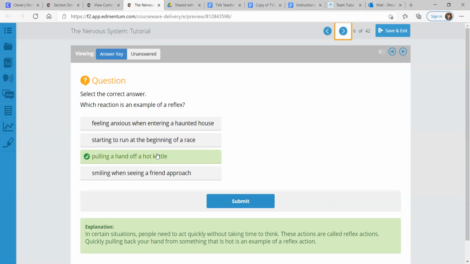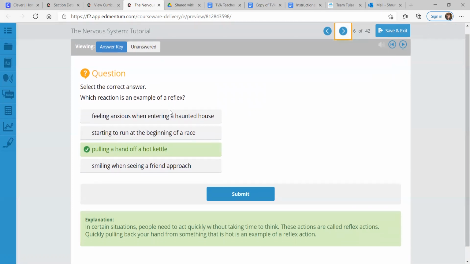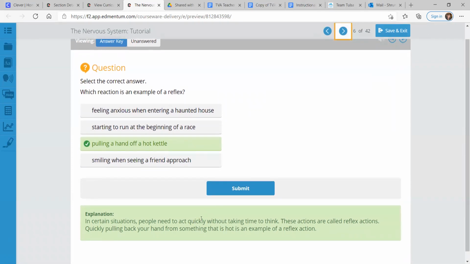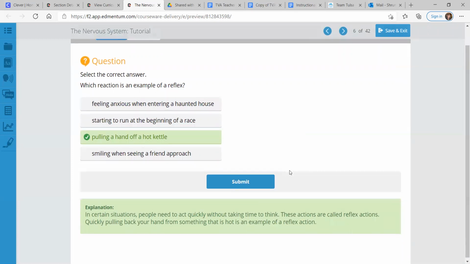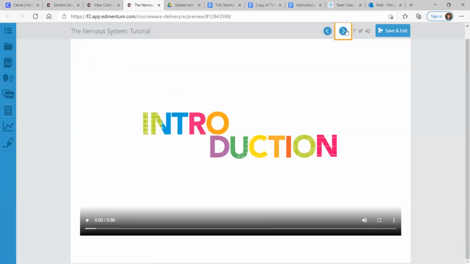And it's usually when you touch something hot or really cold, your body will react. And people need to act quickly without taking time to think. These are reflex actions. So quickly pulling your hand away from something that could hurt you is a perfect example of that.